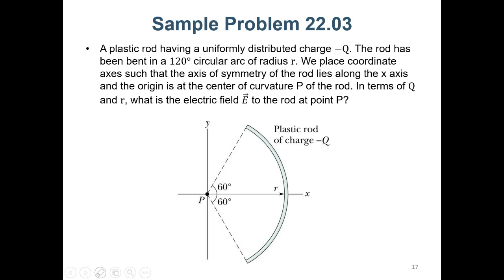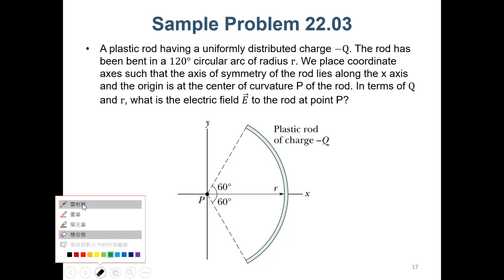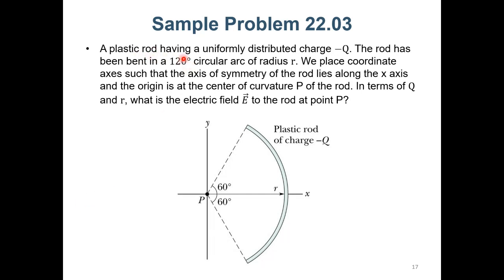22.03. So for this one, a plastic rod has a uniformly distributed charge minus Q. This rod has been bent into a 120-degree circular arc of radius r. It is a 120-degree sector. Place a coordinate axis such that the axis of symmetry of the rod lies along the x-axis.